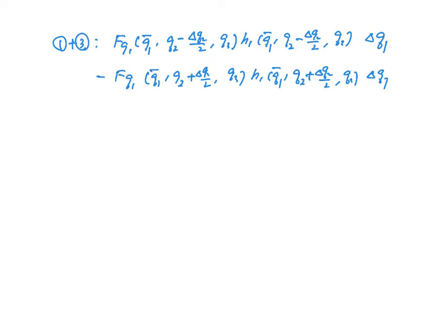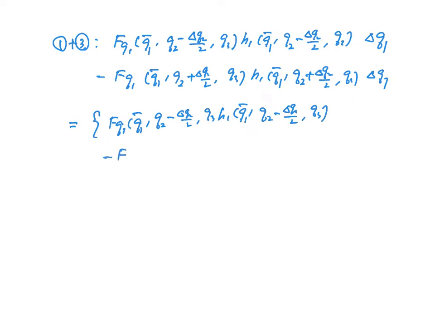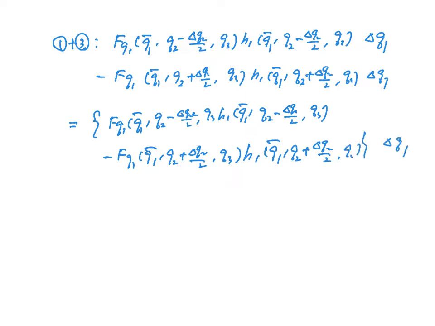So this can be combined then together. F Q1 bar Q2 minus delta Q2 over 2 Q3 H1 Q1 bar Q2 minus delta Q2 over 2 Q3 minus F Q1 bar Q2 plus delta Q2 over 2 Q3 H1 Q1 bar Q2 plus delta Q2 over 2 Q3 delta Q1.